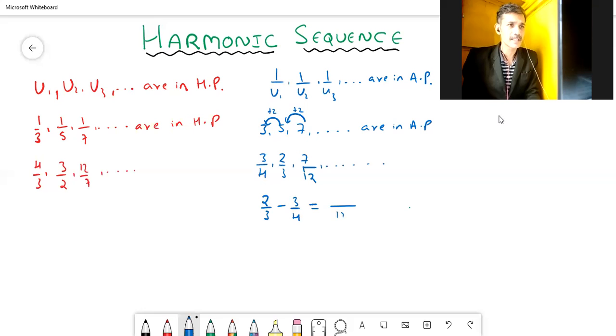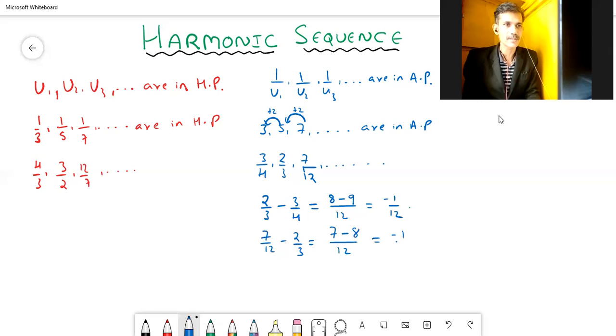Here 12 is the LCM. If you take 12 as LCM, here 4, 2 times 4 means 8, 3 times 3 is 9. So the difference is minus 1 upon 12. Next, we'll see the difference between the third term and the second term. Here also 12 is the LCM, and 12 multiplied by 4, 2 times 4 means 8.